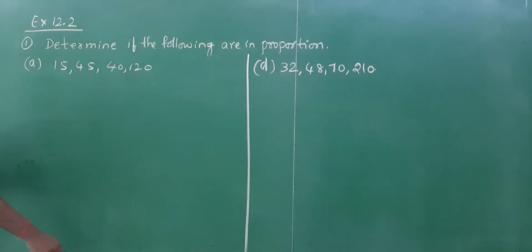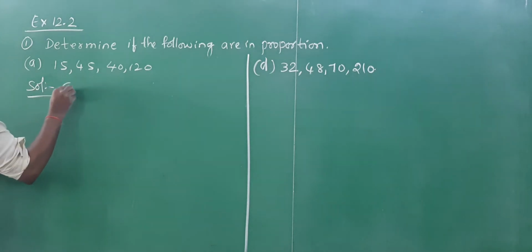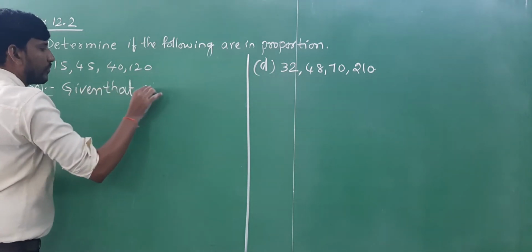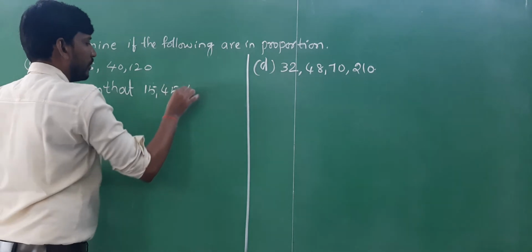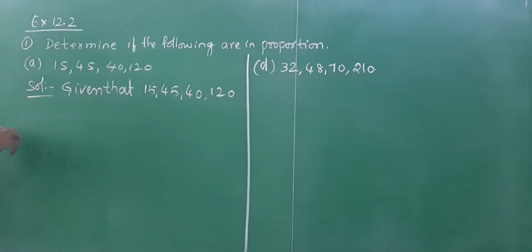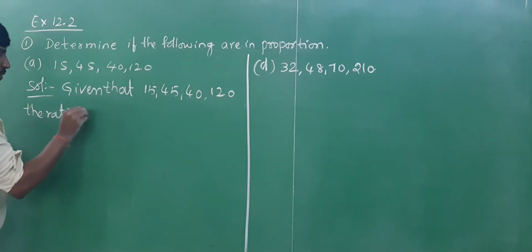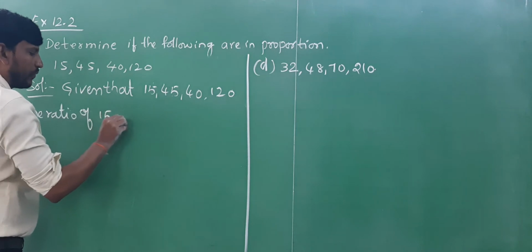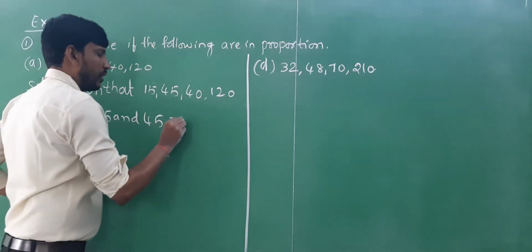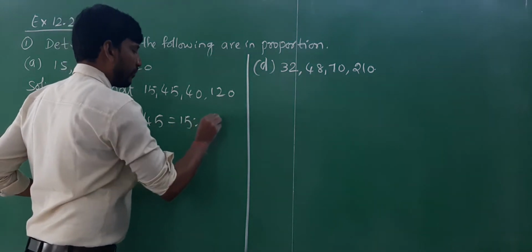This is clear. So now, solution. Given that the values are 15, 45, 40 and 120. Clear? So now the ratio of 15 and 45, the first two values, is 15:45.